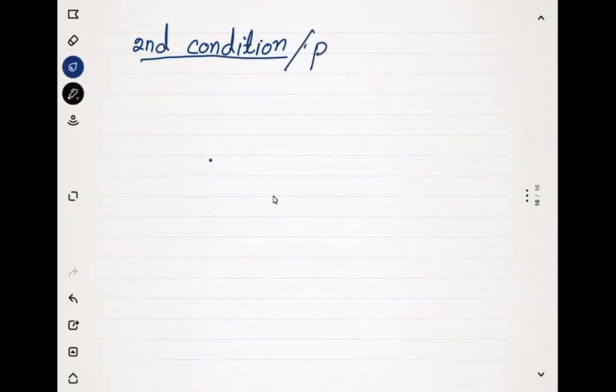The second condition for equilibrium is about moments, and the other name for this condition is the principle of moments.